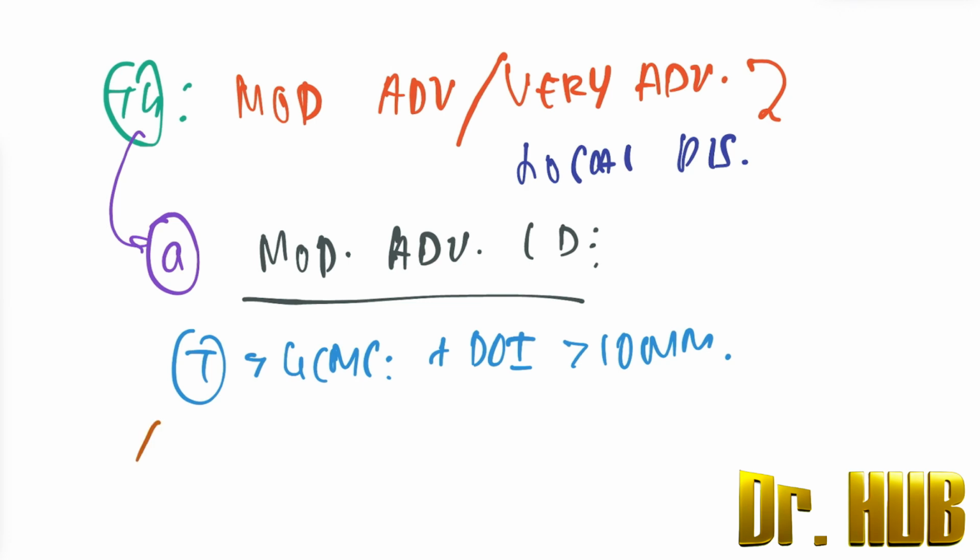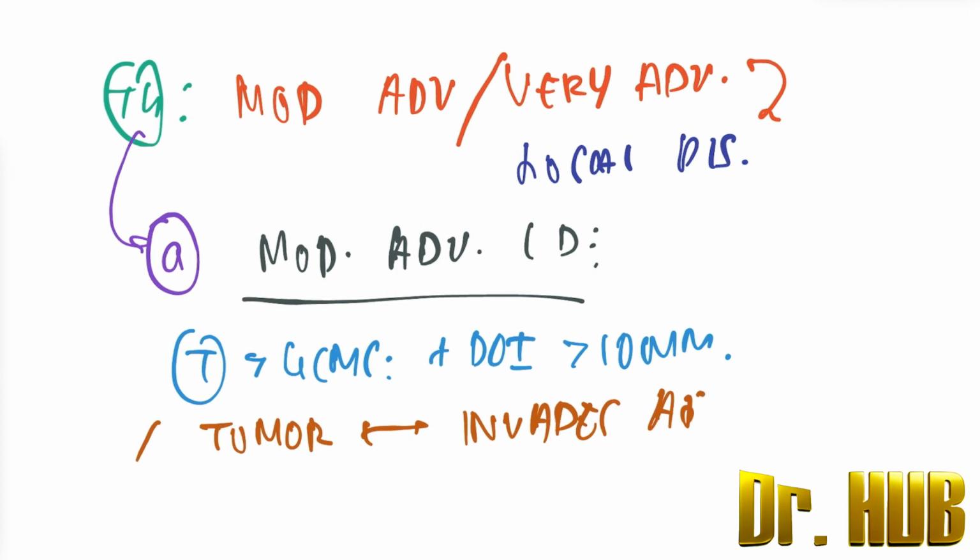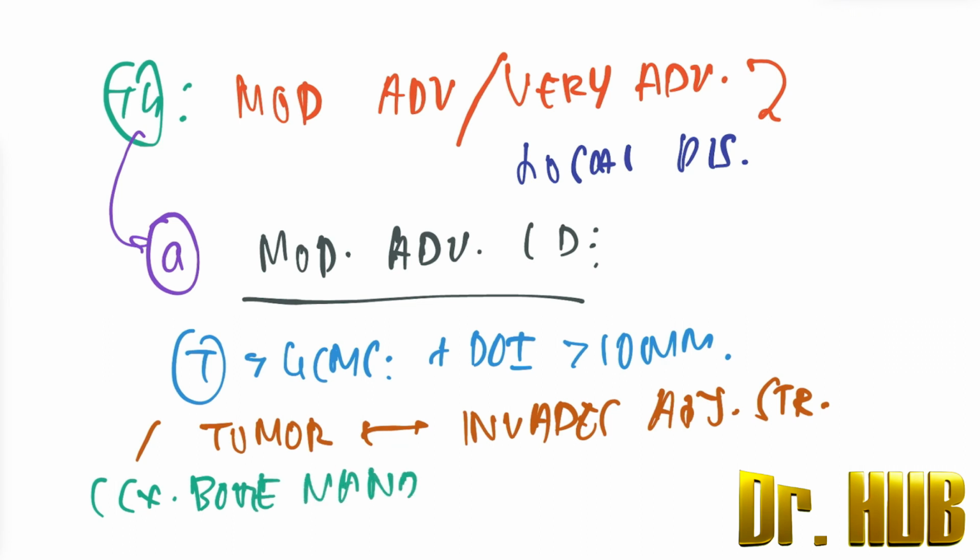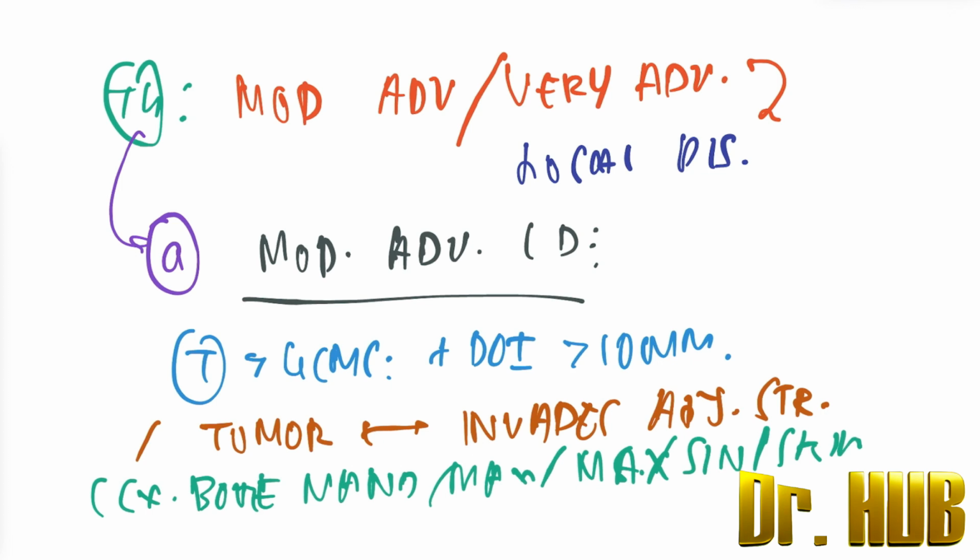Or the tumor invades adjacent structures only, that is, through the cortical bone of the mandible, or the maxilla, or it involves the maxillary sinus or the skin of the face.